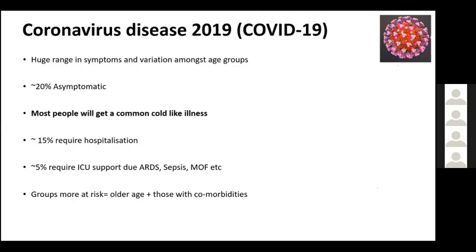Nonetheless, they can still spread the disease, and that's another reason that we're self-isolating. Most people will get a mild common cold-like illness, which some people are describing as like the flu, but that will resolve.